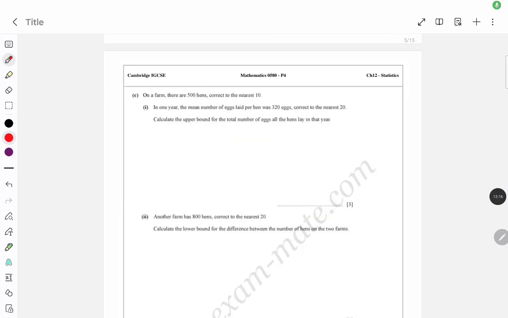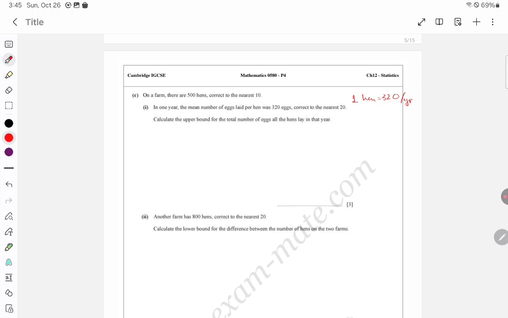Now in part C, on a farm there are 500 hens, correct to the nearest 10. In 1 year the mean number of eggs laid per hen was 320. So one hen gives 320 eggs per year, correct to the nearest 20.